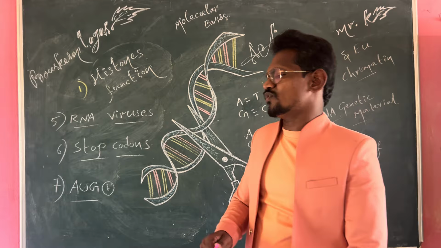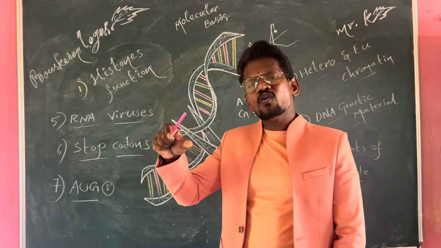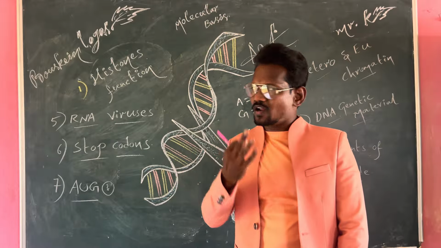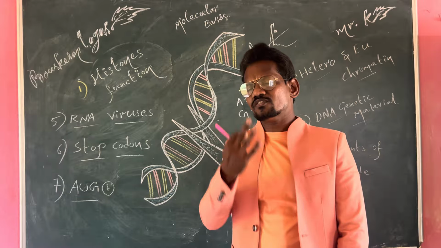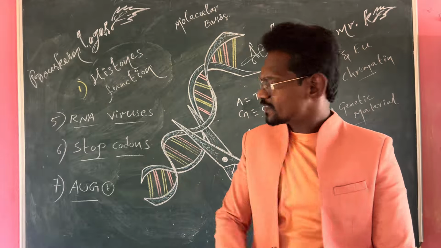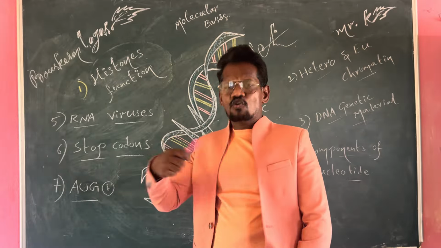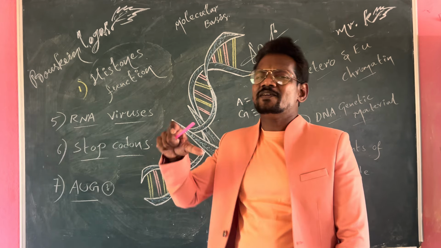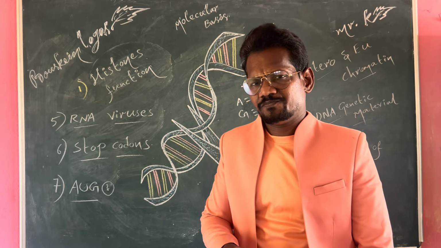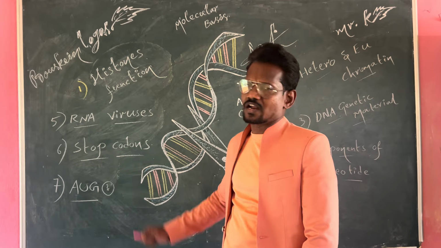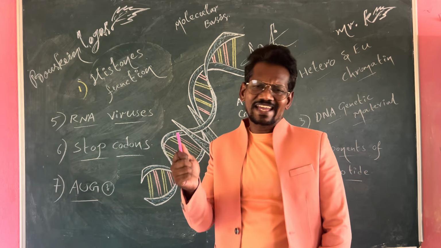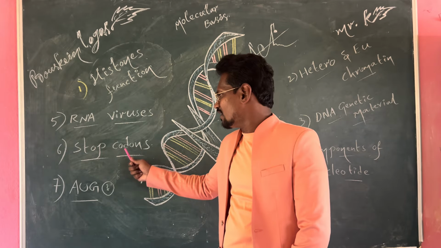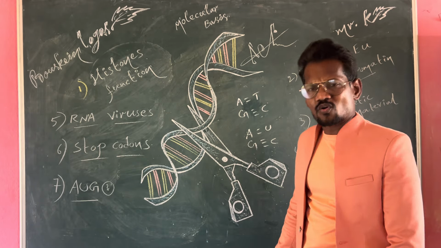Those 64 codons code 20 amino acids, but 3 codons out of 64 never code any amino acid and they stop or inhibit protein synthesis, so they are called stop codons. UAA, UAG, UGA. These 3 are considered stop codons.